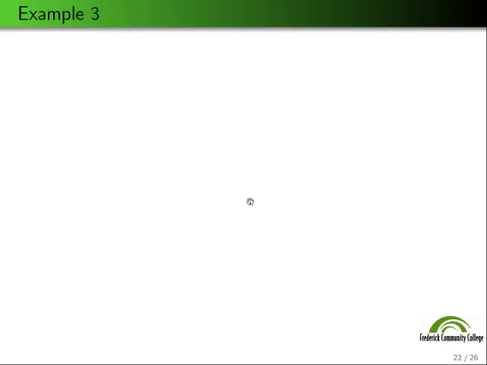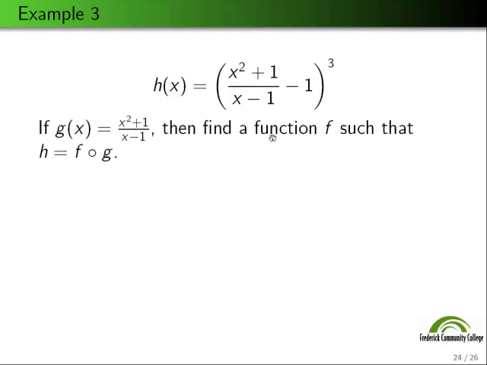Let's get another example. We have this function h of x equals x squared plus 1 over x minus 1, and then minus 1, then everything cubed. And here's our question. If g of x equals x squared plus 1 over x minus 1, then find a function f such that h equals f composed with g.